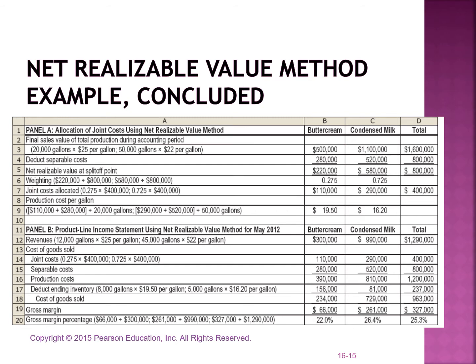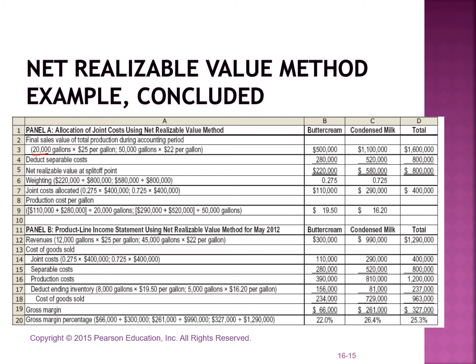I will start with the final sales value of the total production during the accounting period for the end products, which are the butter cream and the condensed milk. As you can see here, we have 20,000 gallons. We don't care about how much we sold. We are talking about the full production of the final product, as we did in the first method, if you remember, the sales value.